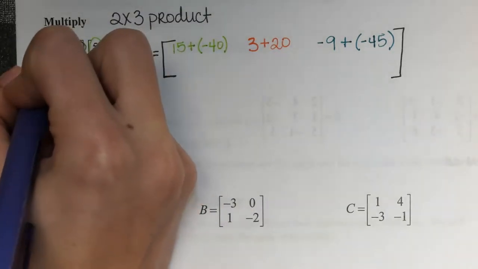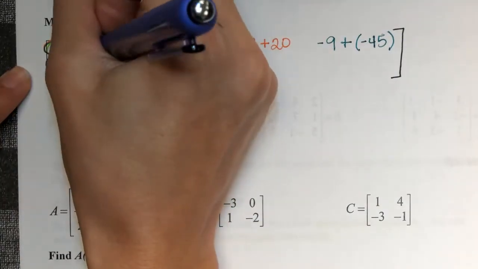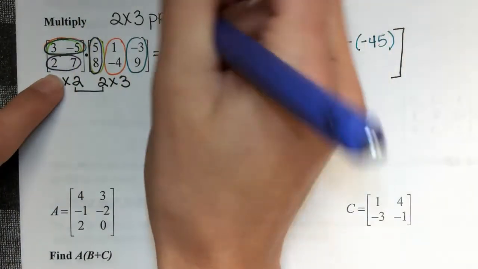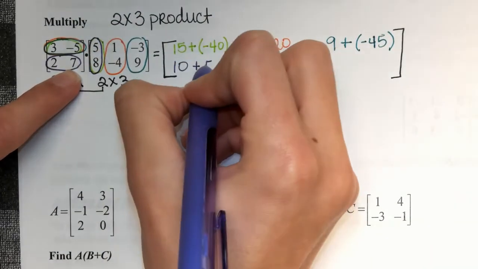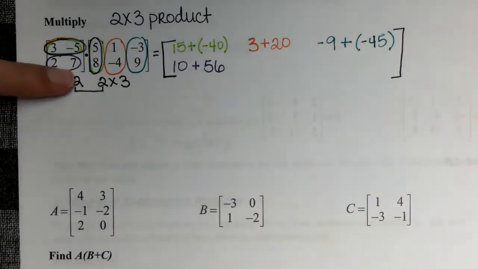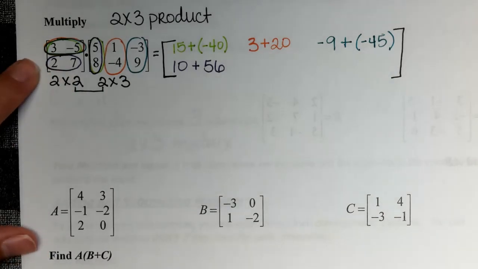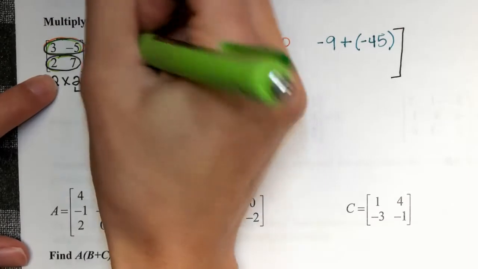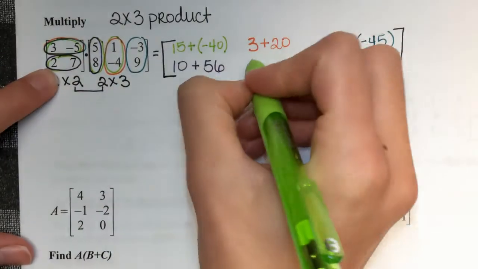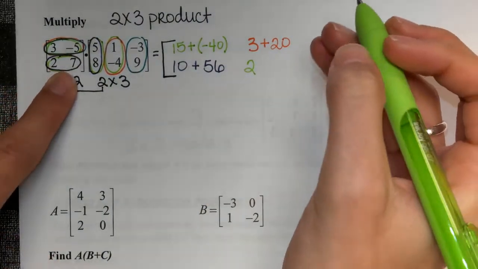So then now, second row, first column, 2 times 5 is 10, plus 7 times 8 gives me 56. 2 and 7, so second row, second column, 2 times 1, 7 times negative 4.